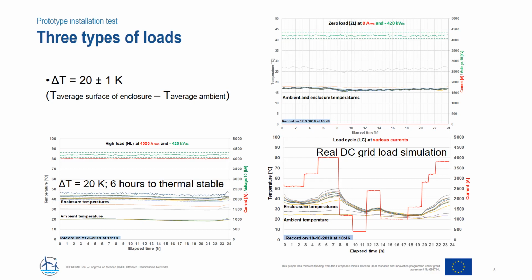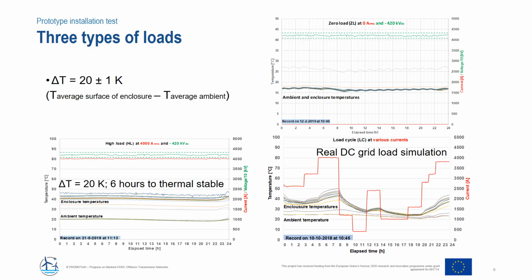So here you see enclosure temperature being higher than the ambient temperature by a little bit more than 20 degrees Celsius. And on the right top you see zero load testing block just for certain hours.